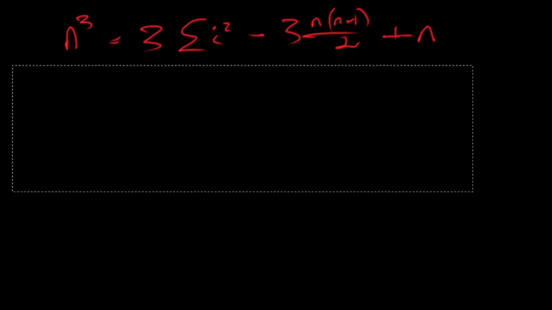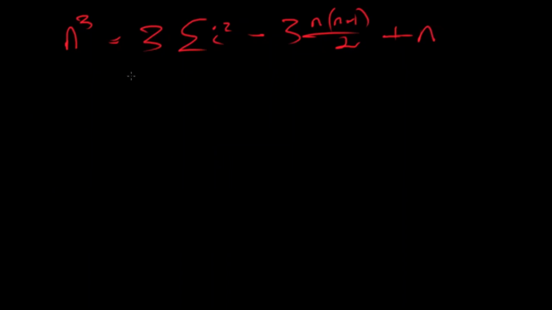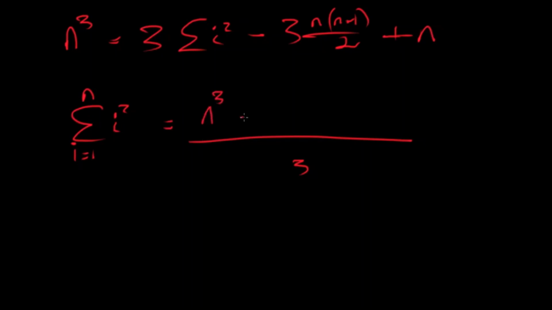We have, I'm going to move everything to the, so we do have a divided by 3, but I'm going to move everything to the left-hand side except for the i squared, so we're going to have an n cubed plus 3 times n plus 1 all over 2 minus n.